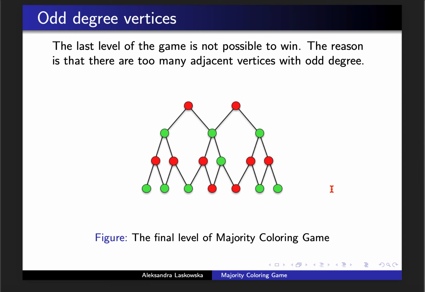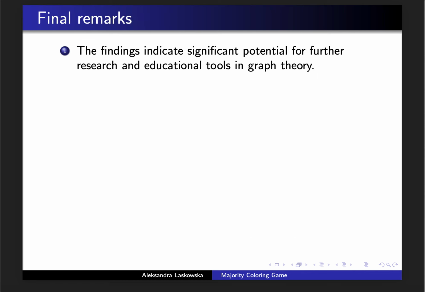This graph over here is the final graph in my game, and it has a majority coloring, as you can see. However, it is not possible to achieve this in the game because of the opponent that doesn't let us make it happen. So don't even bother to try to go through the last level.